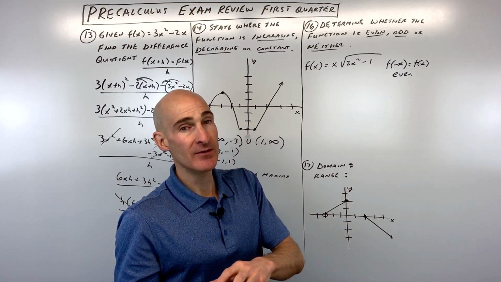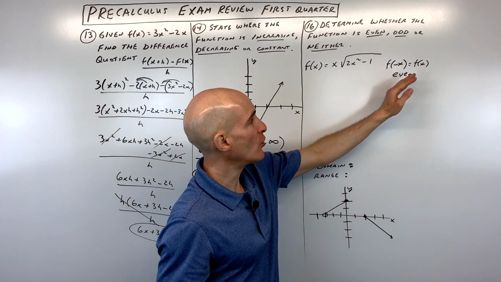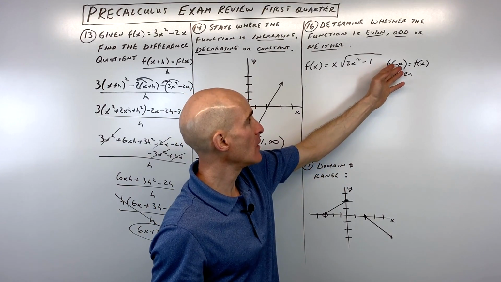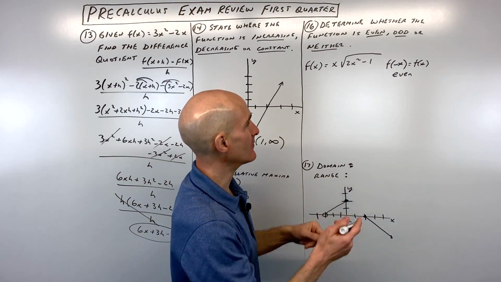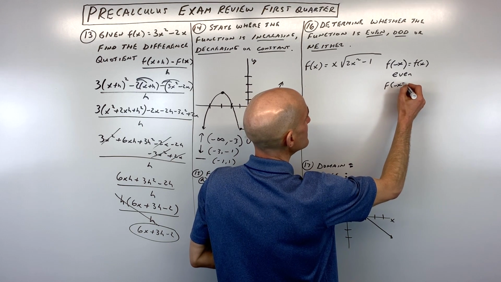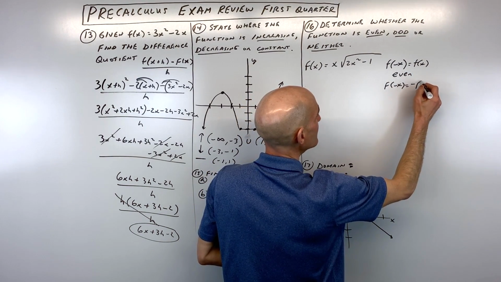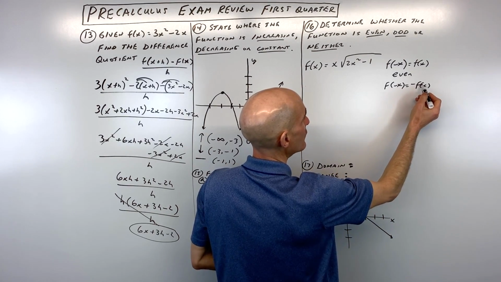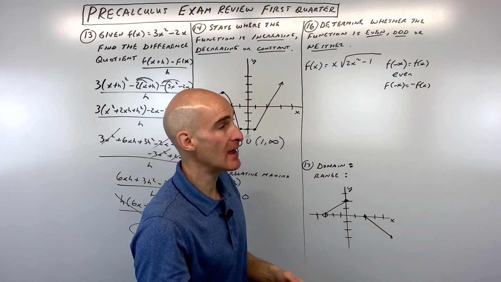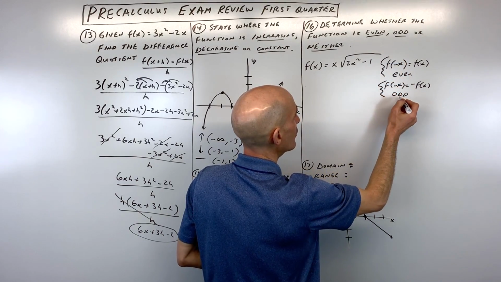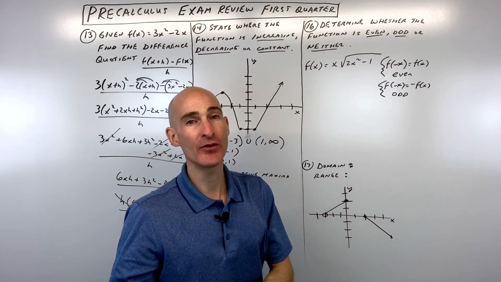Even means it's a reflection over the y-axis, so you could think of this as y-axis symmetry, but when we test it in this fashion, we call it even. Now, if you replace wherever you see x with negative x, and you get negative f of x, meaning you have the original function but it's multiplied by -1, then we call this an odd function. An odd function means it's a rotation about the origin.